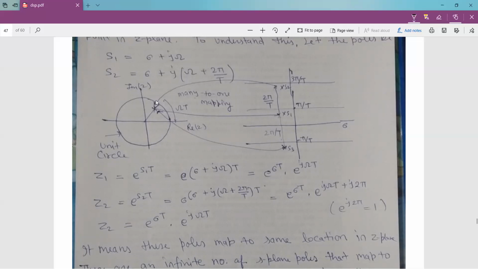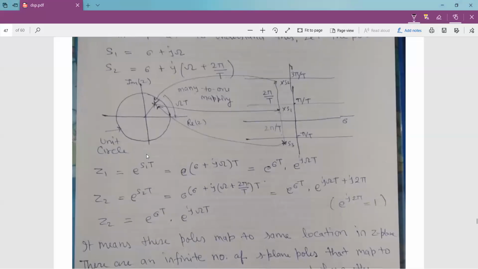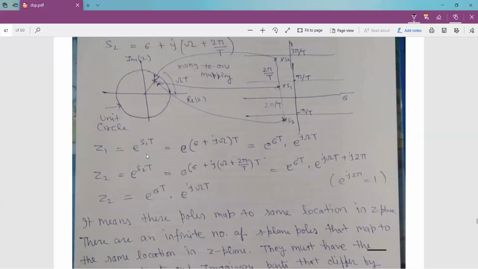So this type of mapping is many-to-one, where many points are mapped onto one point. This is a very big disadvantage of the impulse invariant method because it creates an aliasing effect.